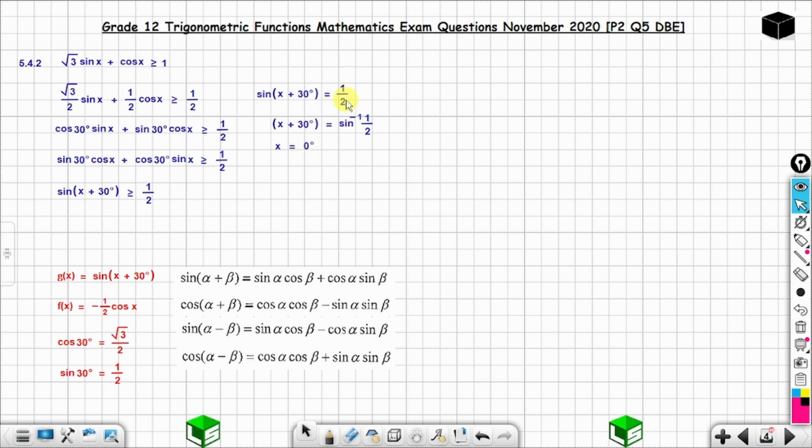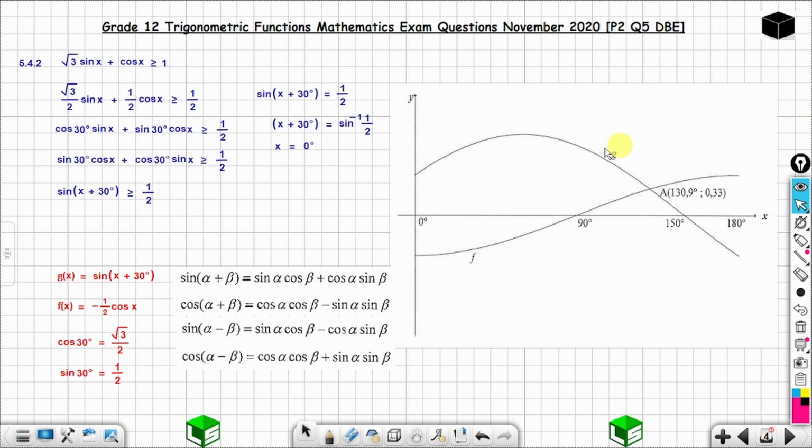Let's see that on the graphs. This is what you are given. So this is the graph of G and the graph of F. This is the equation for G and this is the equation for F. So when x is equal to 0 degrees, y is equal to 1 over 2.